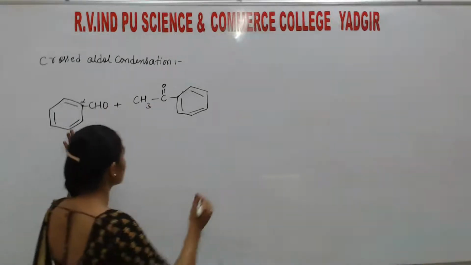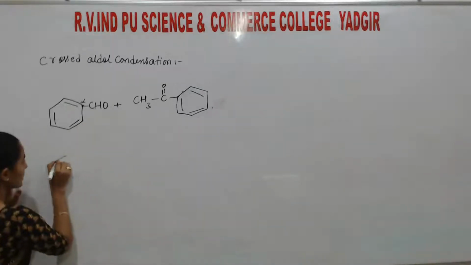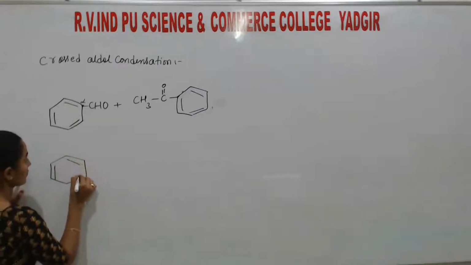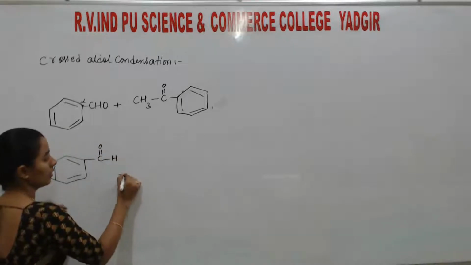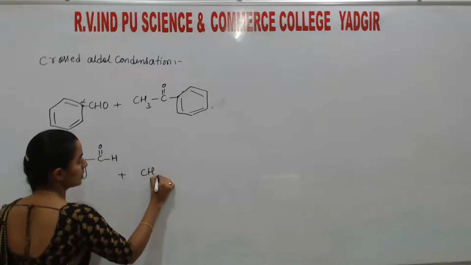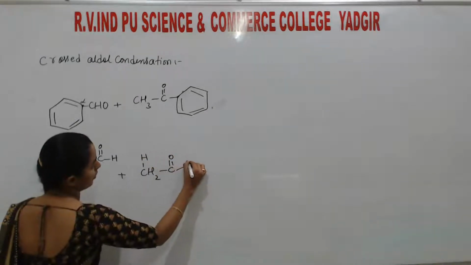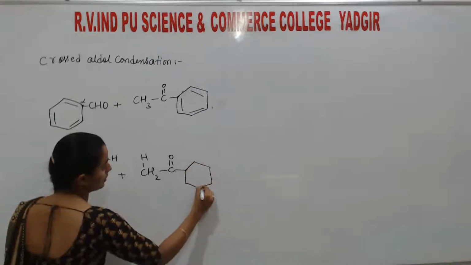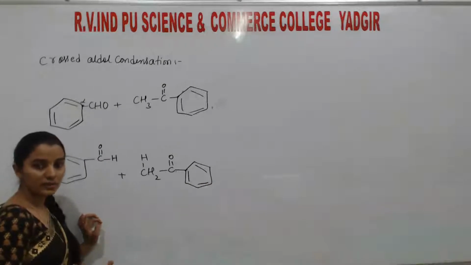How can you write this? So this benzene, I will take here. This benzene is written as C double bond O H, and this is written as CH2 H CH3, and this is C double bond O. This is the benzene ring. Okay, what is the first step?